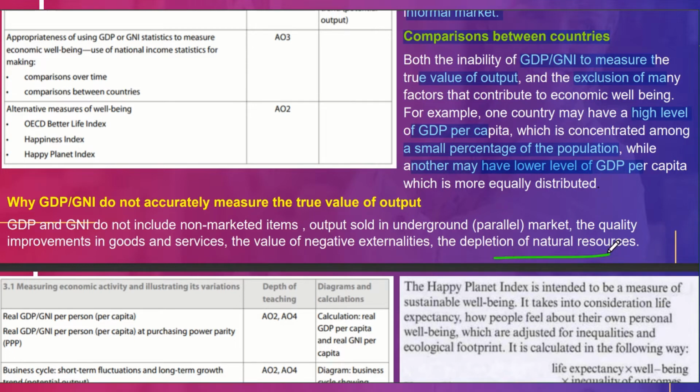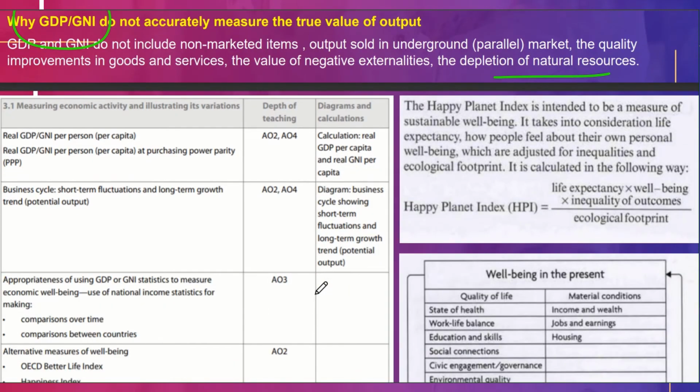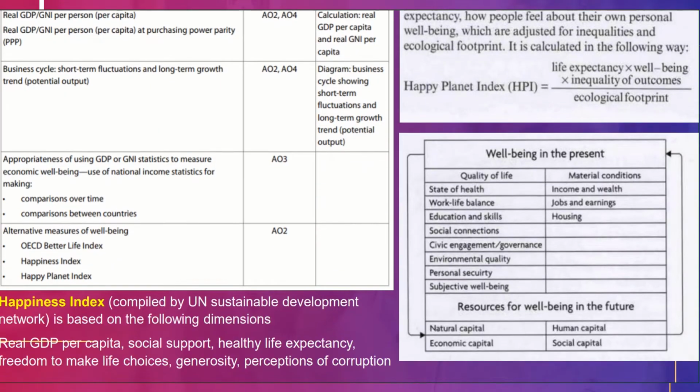Natural resources are continuously depleting, and countries have different amounts of natural resources. This is also affecting it. That's the reason GDP and GNI do not accurately measure the true value of output, but to some extent we can accept it. Compared with other measures of national income, GDP and GNI are a little better.